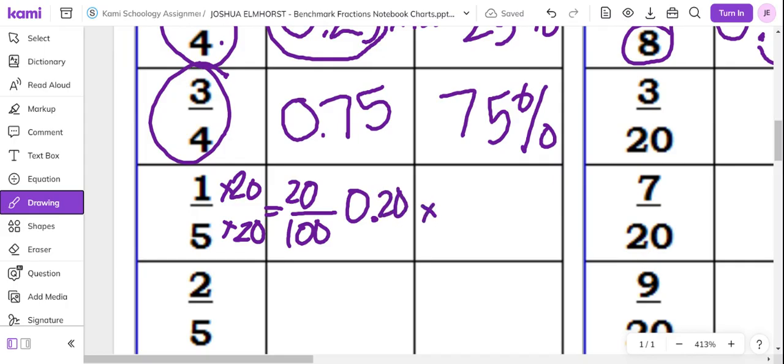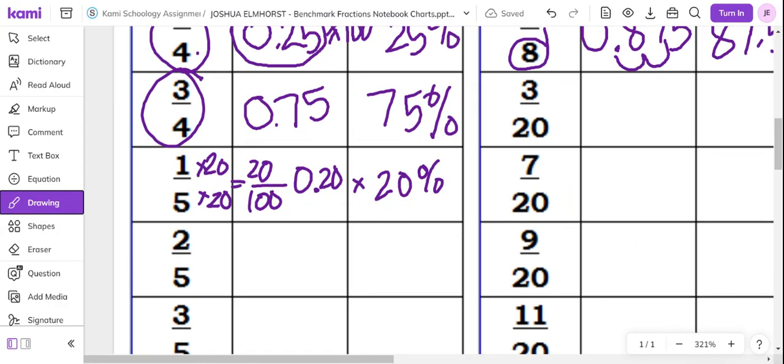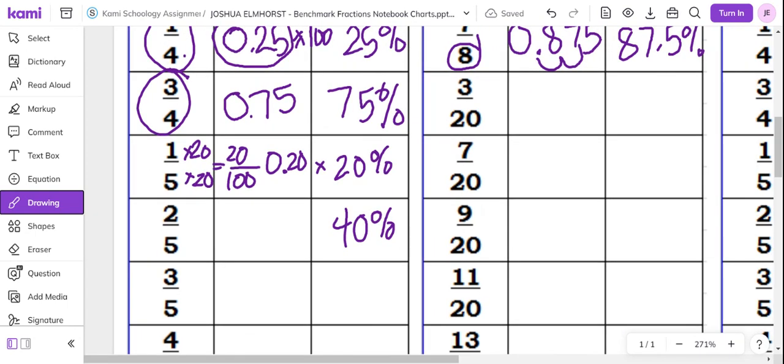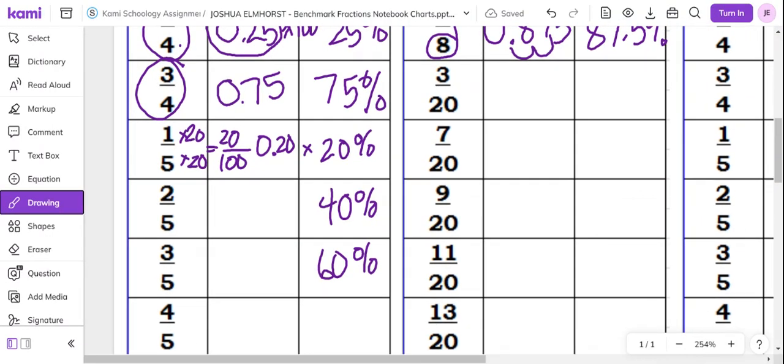And 20 hundredths is 20 out of 100, or 20%. Well, if that is 1 out of 5, then what's 2 of those going to be? 40%. And then 3 times 20%? 60%. And then 4 out of 5 is going to be 80%.